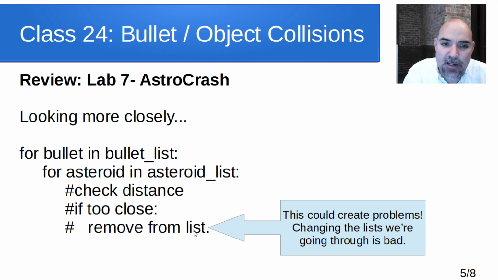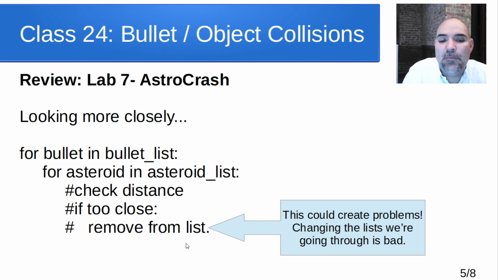In other words, removing a bullet from that bullet list while we're going through the list could cause problems. For example, I have a list of 10 things. I'm going to go through all 10, and when I get to number 7, I'm going to take it out. Well, if I take number 7 out and then go to the next one, what was number 8 fell into position 7, so we will have skipped over one when we went through that list for one iteration.